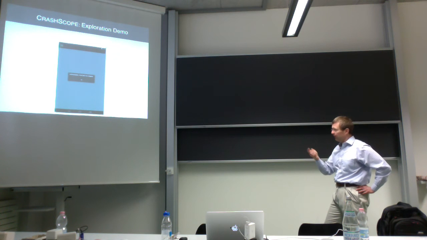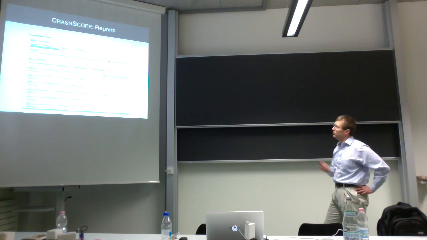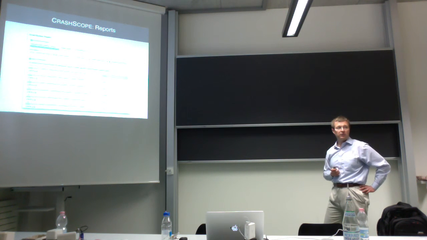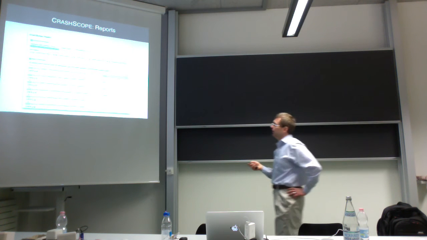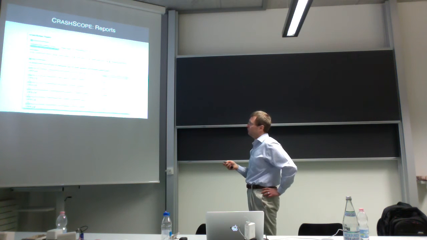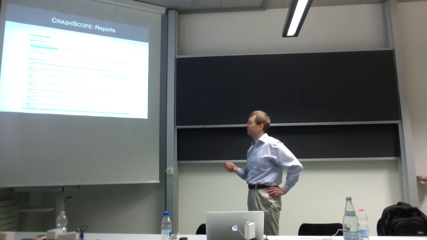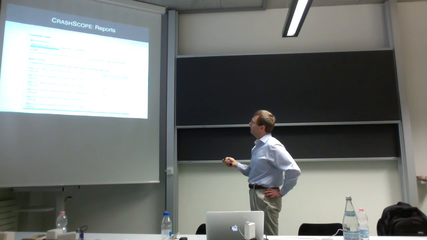So here's the crash. So what does CrashScope do? It generates this beautiful crash report, which basically summarizes all the steps that you need to take to get to the crash in natural language, as well as it summarizes all the contextual features that were enabled or disabled in that particular execution step. So here, we say, for example, you tap on expenses, check fuel, which is located in the center of the screen.